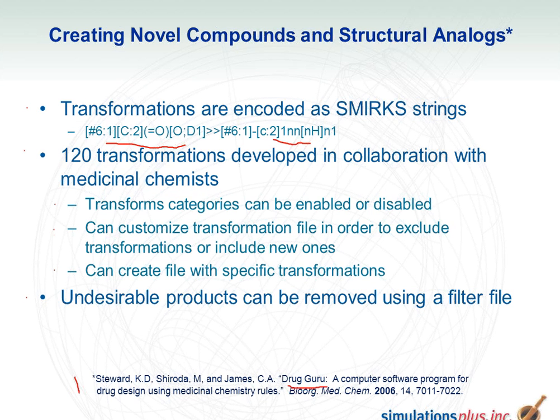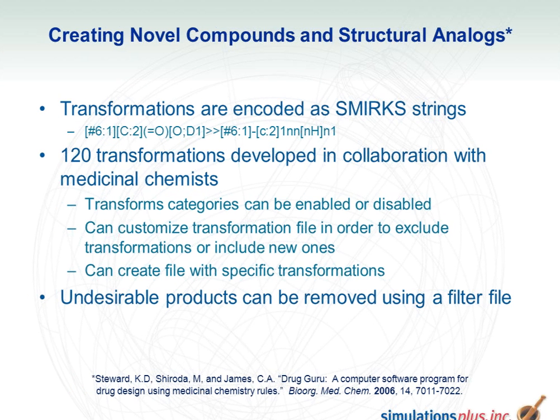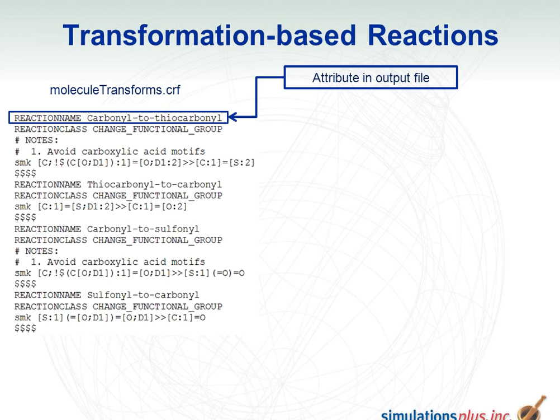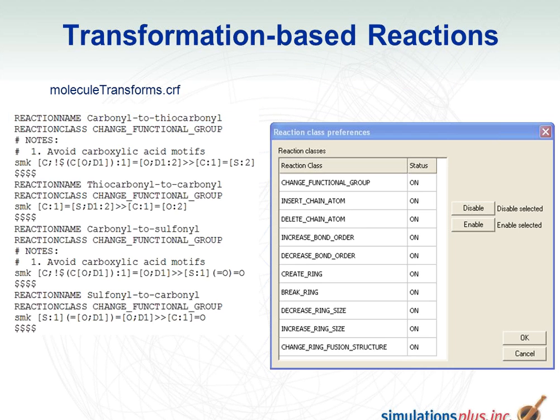This next slide shows just the first few lines of our default transformation file. Remember, there are 120 of these transformations. Each transformation has an attribute describing the particular transformation, and this is output to the file of transformed molecules, so that you can easily see what transformation was responsible for creating that particular molecule.